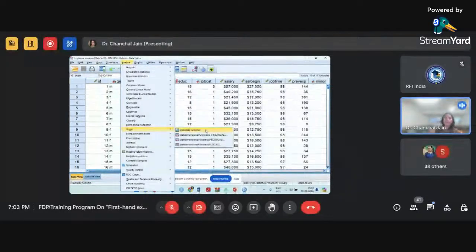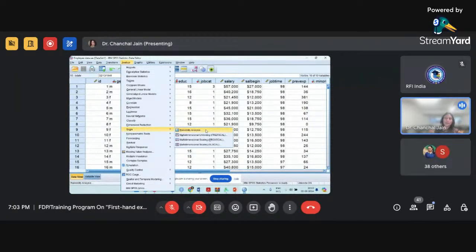Further, I talked about the chi-square test, which is a non-parametric test. Then we have seen two types of chi-square. The goodness of fit is for a single categorical variable, where we are comparing the categories of a single categorical variable and comparing the observed and expected frequencies.